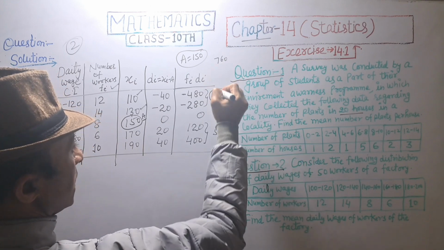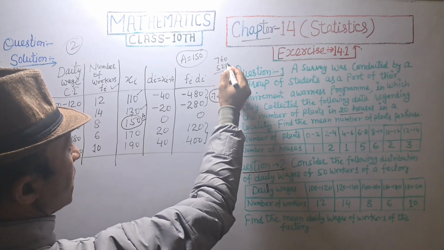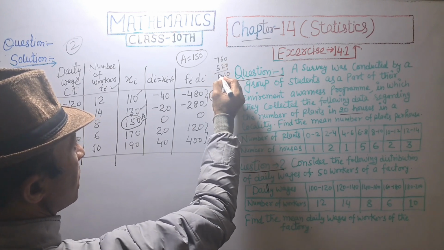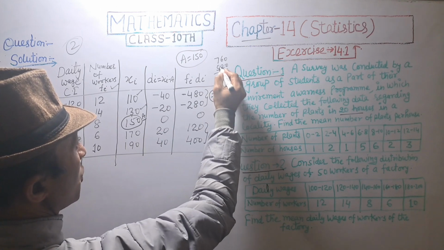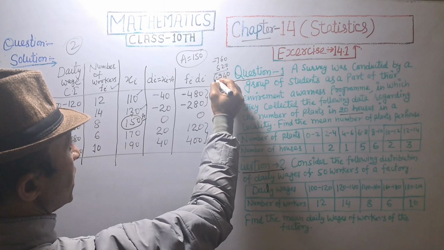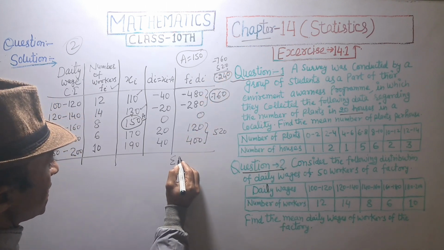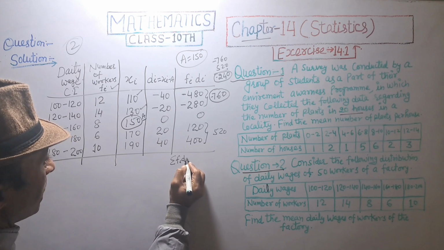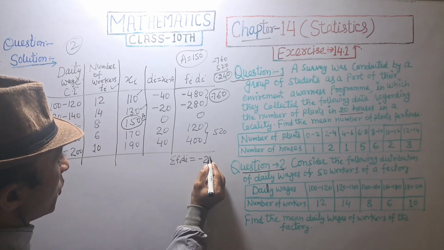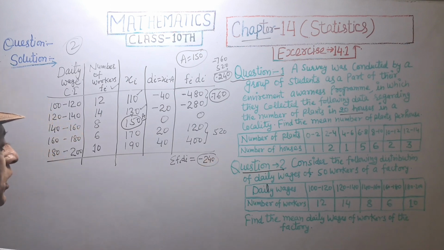So 760 minus 520, subtracting, we get minus 240. Summation FiDi is equal to minus 240.